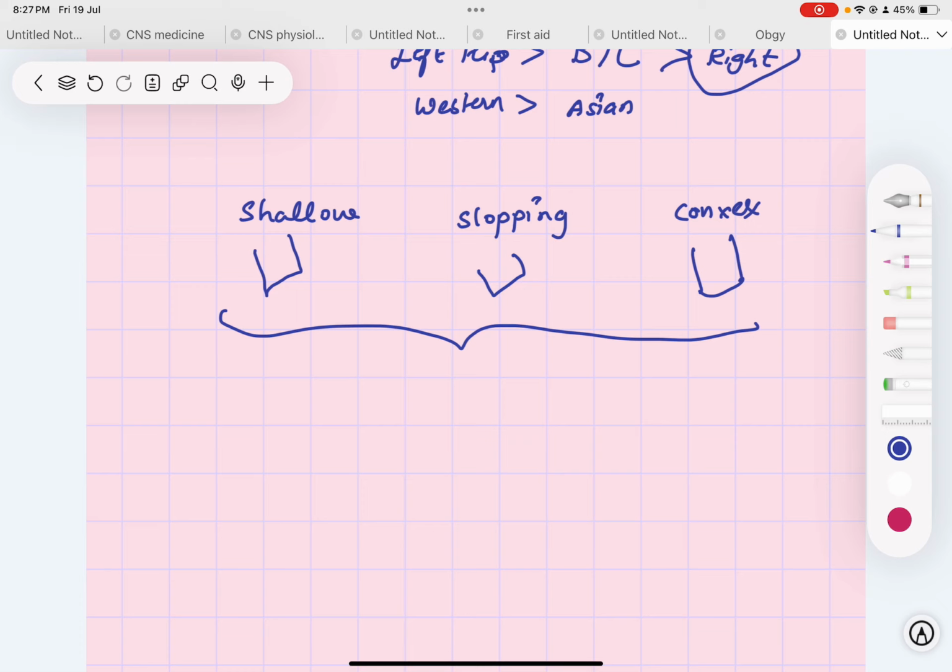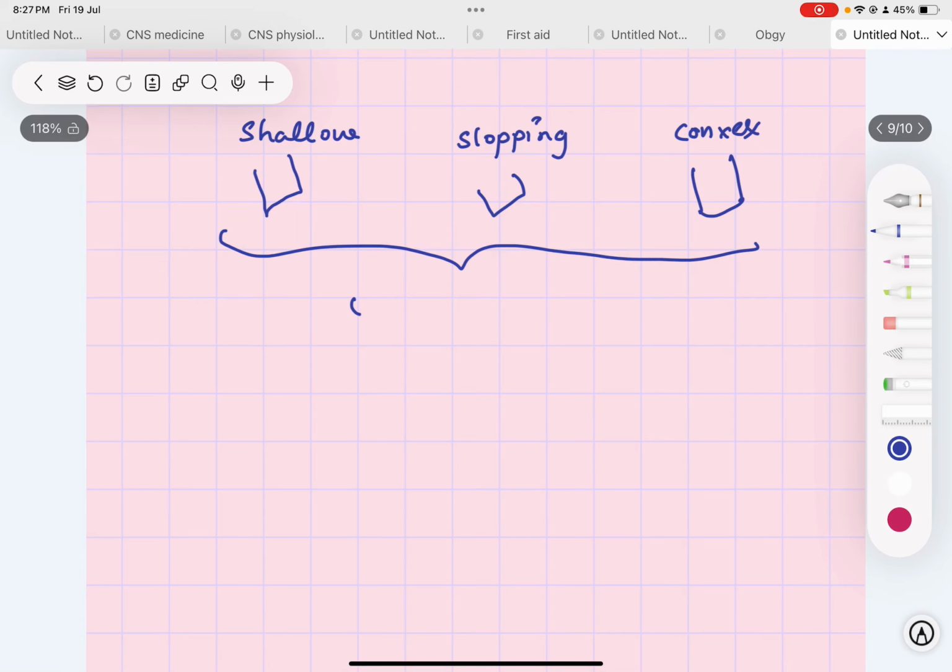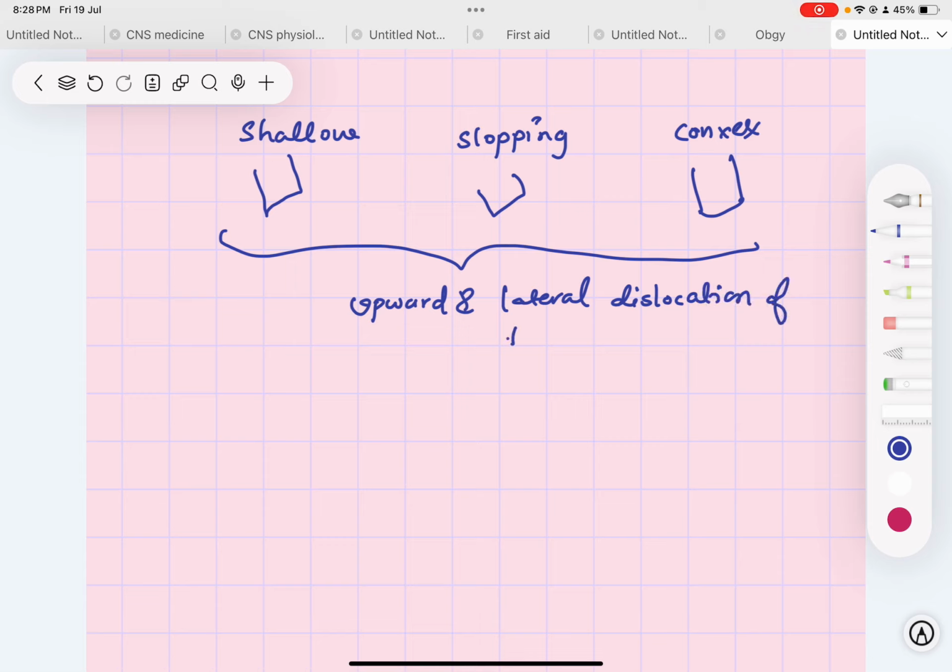What will happen due to this? There will be upward and lateral dislocation of the head of the femur. So here it is upward and lateral.